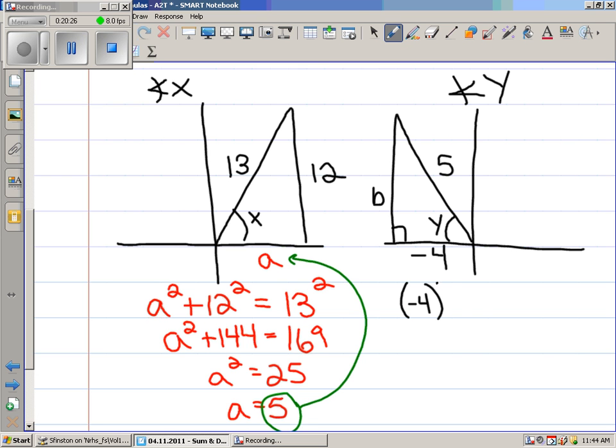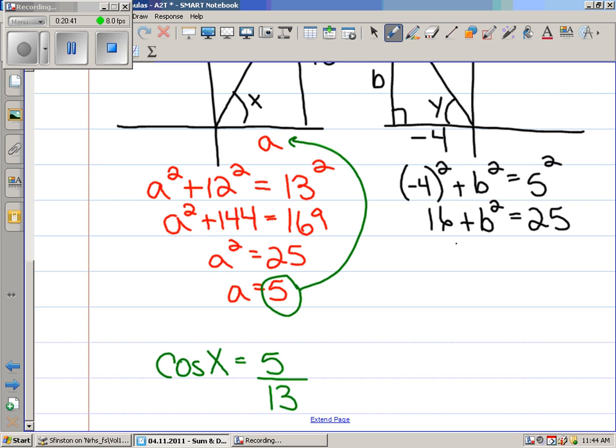Very nice. 4 squared plus b squared equals 5 squared. 16 plus b squared equals 25. So b squared equals 9, and b is going to be equal to 3.